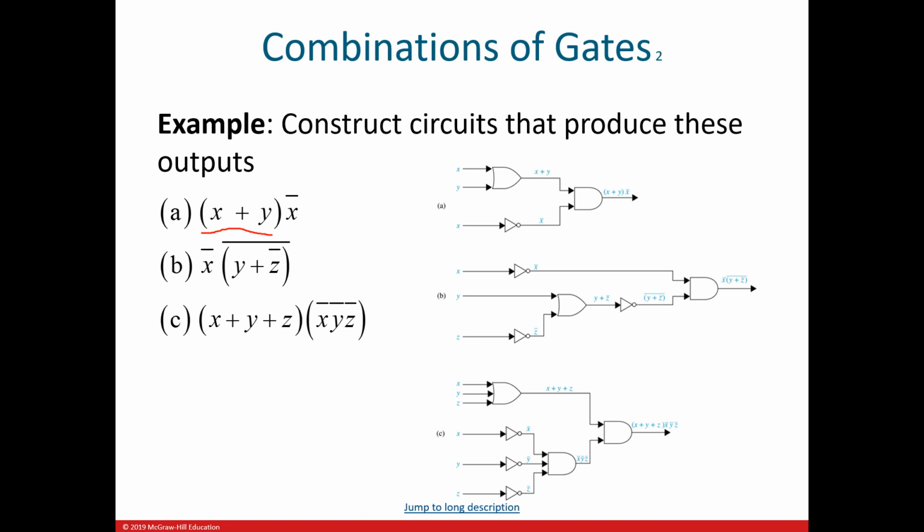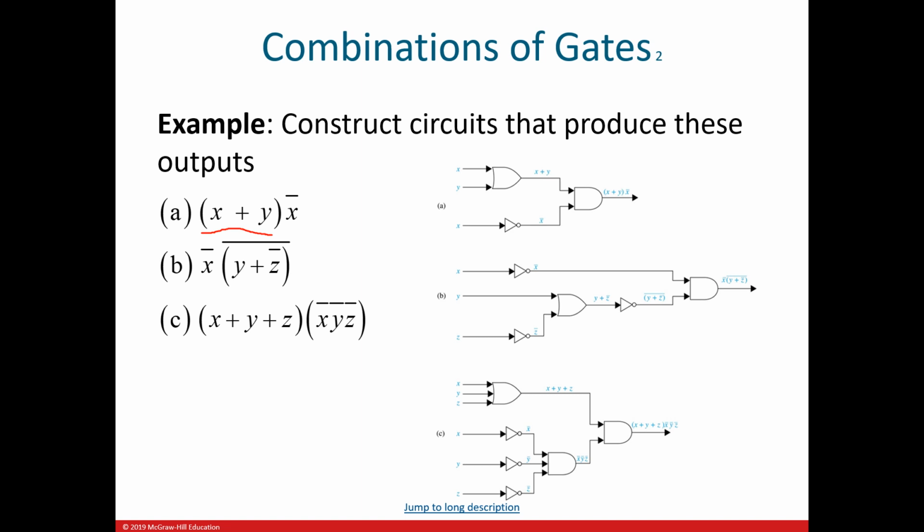So we need an OR gate, and we give x and y, and then we produce x plus y. Then we need the product of this with x complement. So we need an inverter to generate x complement, and then we give both of these to the AND gate to generate the final expression.